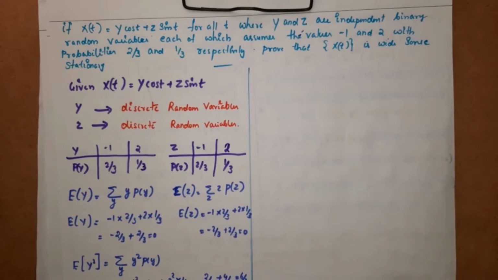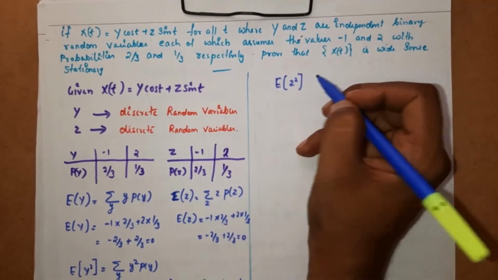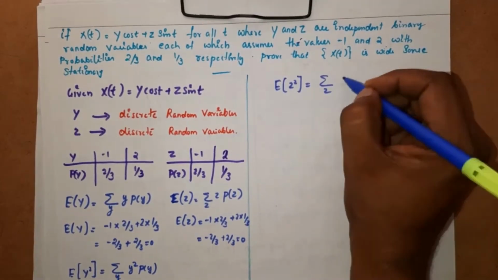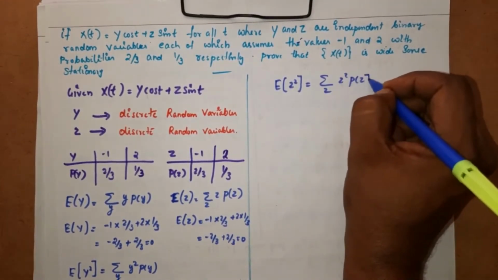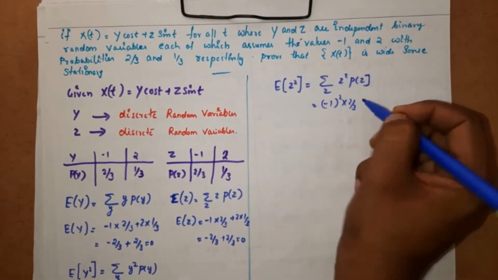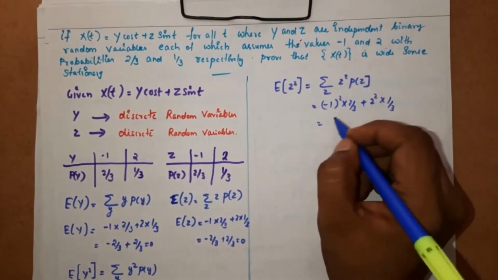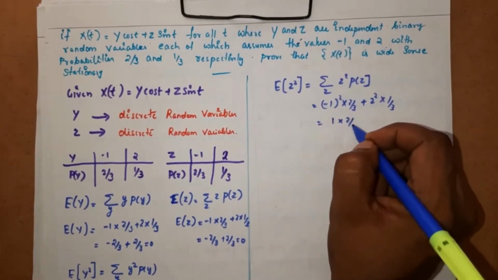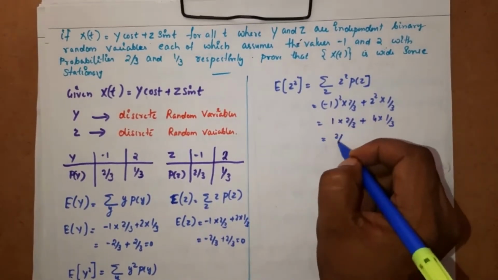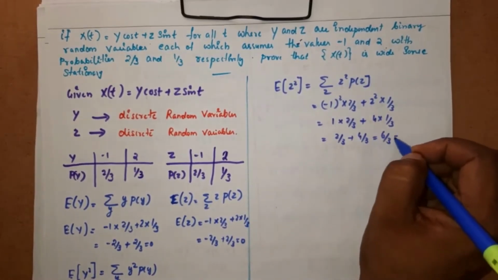Its value is 2. Now we'll have to find E of z square. E of z square is equal to summation over z square into p of z, which is -1 square into 2 by 3 plus 2 square into 1 by 3, equal to 1 into 2 by 3 plus 4 into 1 by 3, which is 2 by 3 plus 4 by 3, equal to 6 by 3. Answer is 2.